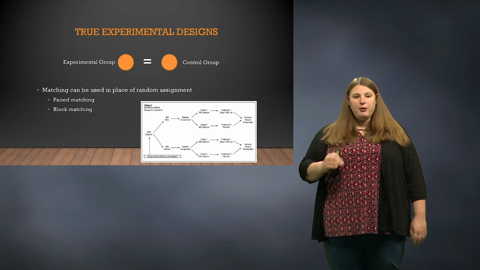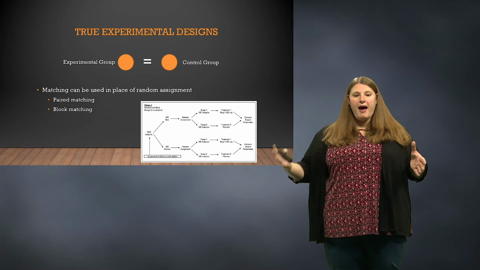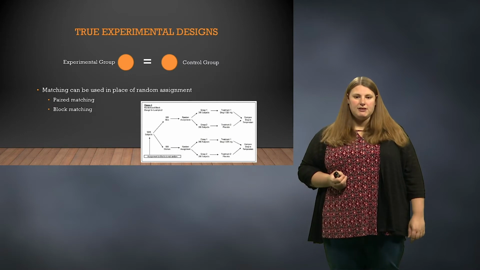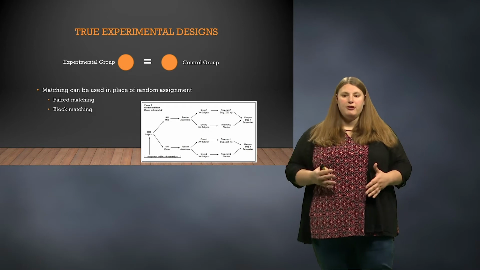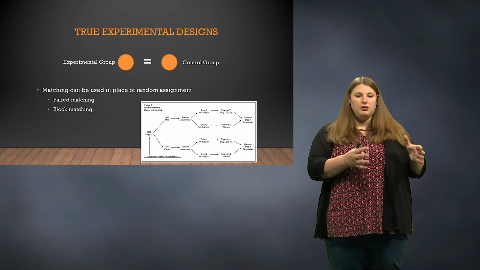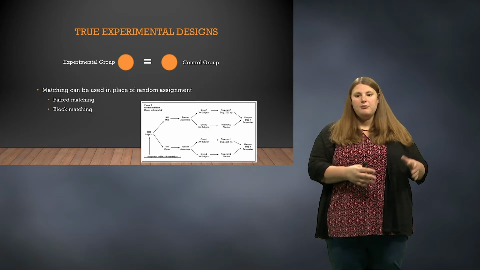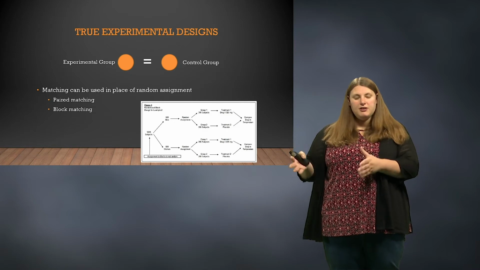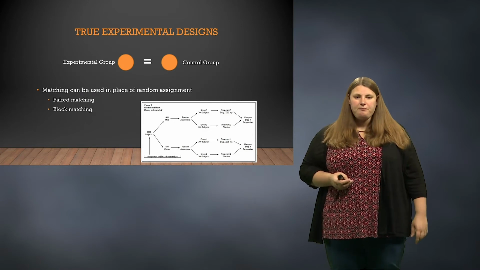This means that every person in the experimental group is matched with a person in the control group using specific characteristics of interest. So if you think pet ownership is important to control in your experiment, and you have a female college student who owns a dog in the experimental group, you want to try to pair her up with another female college student who also owns a dog in the control group.